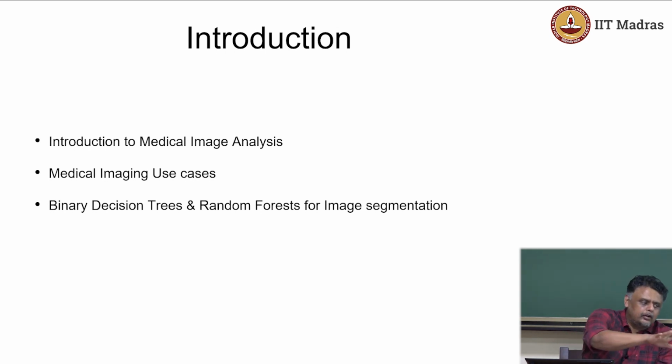I will not give a very deep explanation of binary decision trees. It's a fairly simple algorithm. That's why I chose it. It's easier to talk about, and a lot of implementations are freely available. I'm just going to show you how it's done in a medical imaging setting.